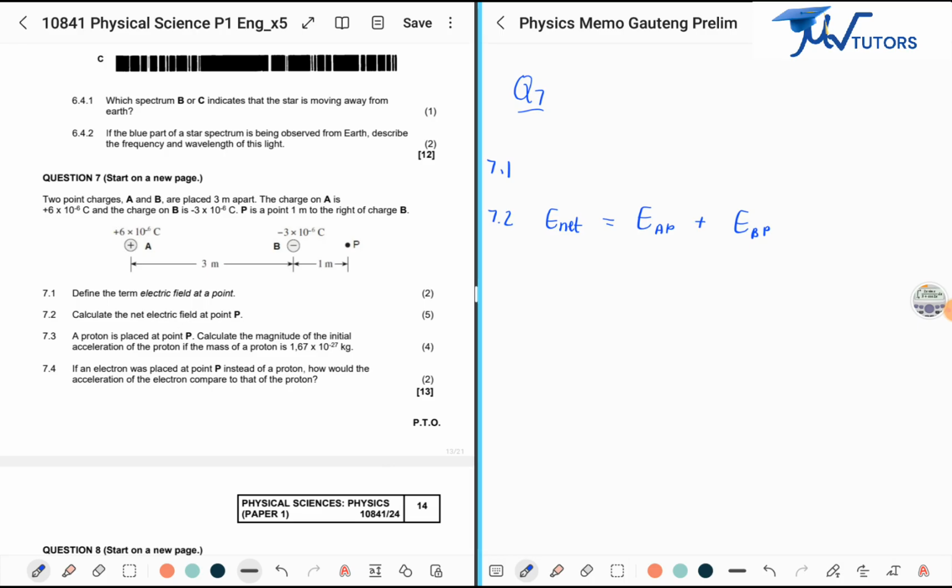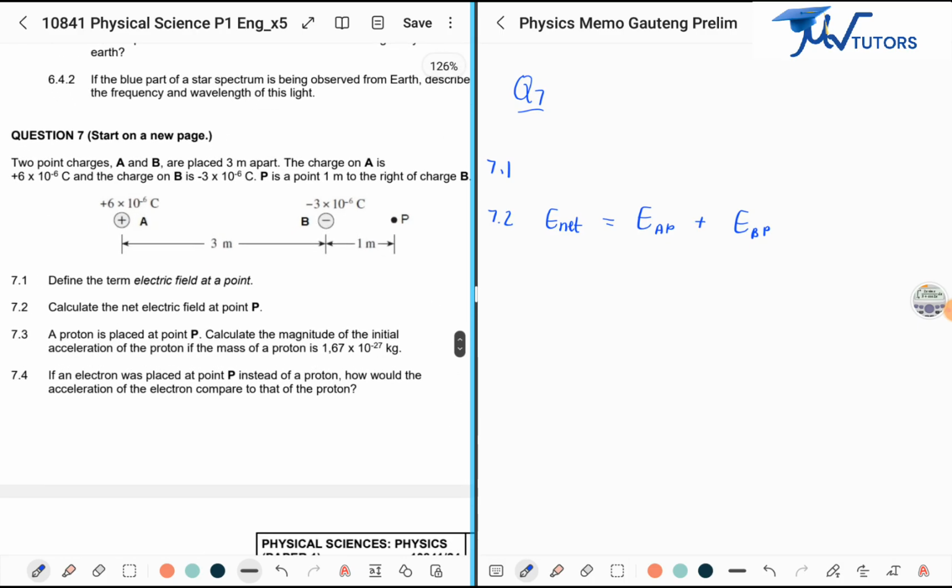They didn't ask for this, but you need to know how the electric field lines are going to go. So on your question paper or somewhere on your answer sheet, just draw the electric field lines for yourself. So with the positive one, we know that it's pointing outward. With the negative, it's going in. Actually, it's going to be more like this.